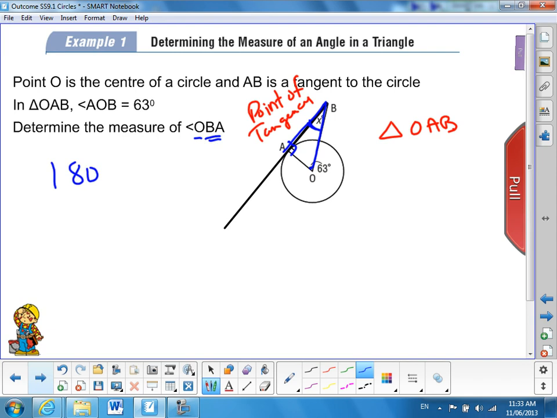So 180 minus the 90-degree angle minus the 63-degree angle will equal angle OBA. When we subtract those, we find out that we have 27 degrees left.